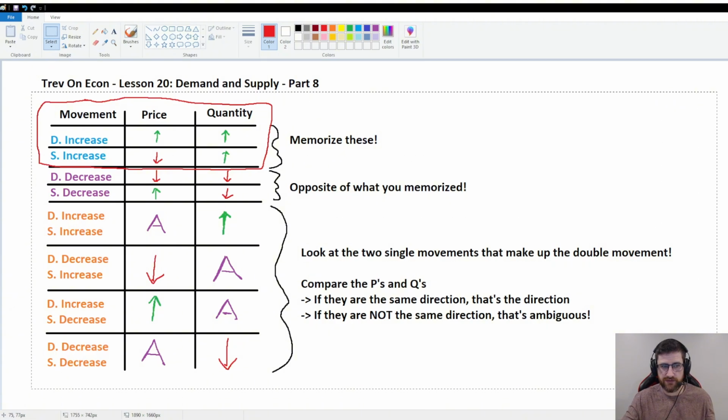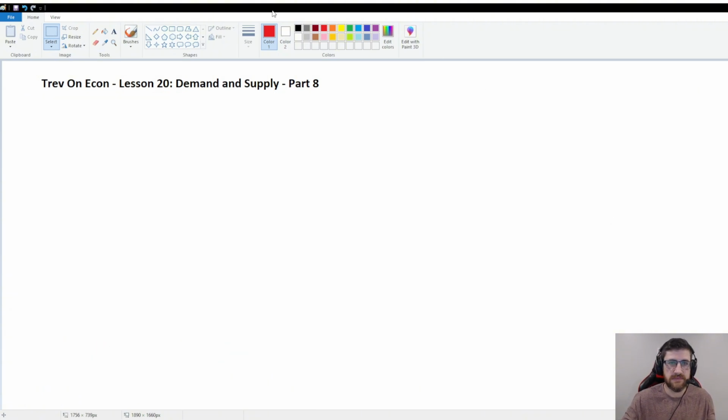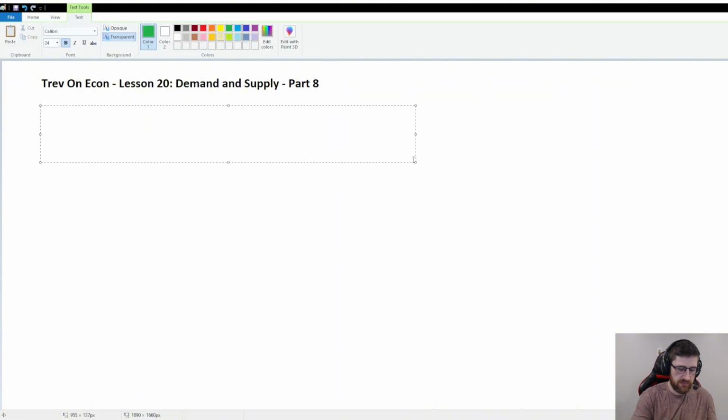The last thing I want to cover here is a math problem. So occasionally, instead of giving you the graph, they will give you equations. So they might give you something like QD is equal to 100,000 minus 1,000 P. And then they also give you the equation of supply, and they say, well, QS is actually equal to negative 20,000 plus 3,000 P. Okay?